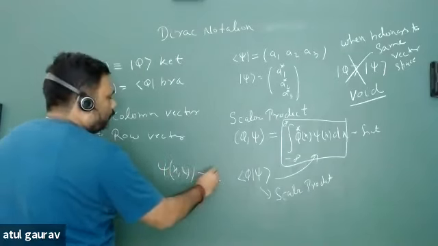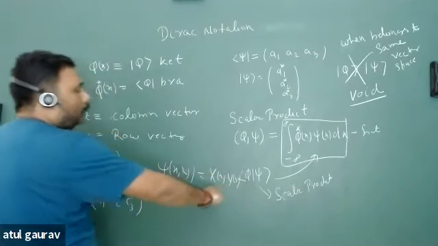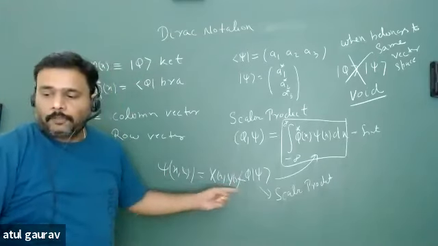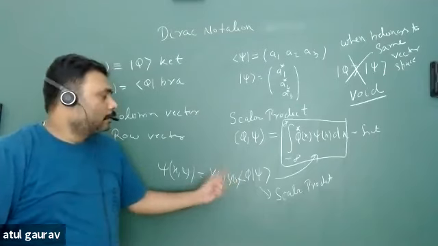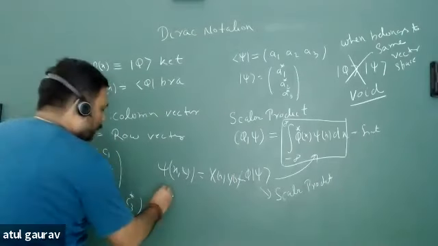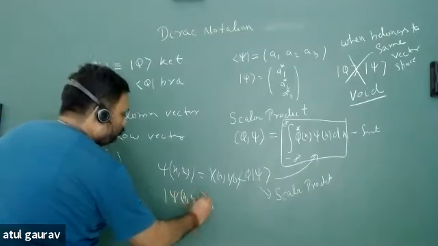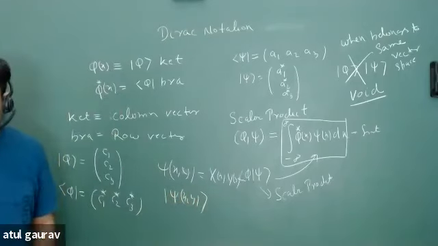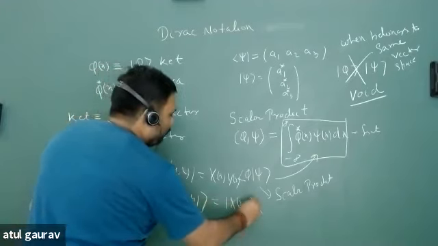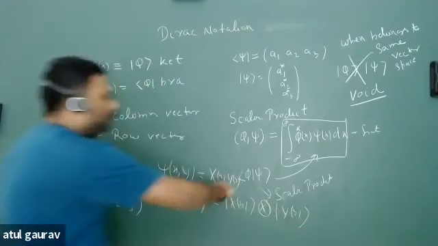You can write, let's say, a function of x and a function of y. Then you can directly multiply the two functions, because they belong to different spaces. One belongs to x, another belongs to y. So similarly, if I have psi of x and y as a ket, we can write this as a function of x, which is a direct product with a function of y. In vectors, this is known as the direct product.